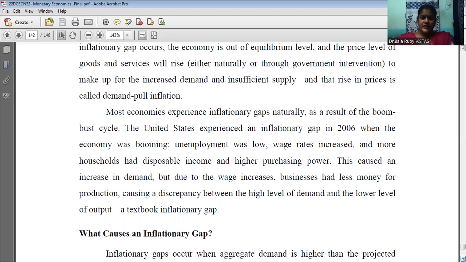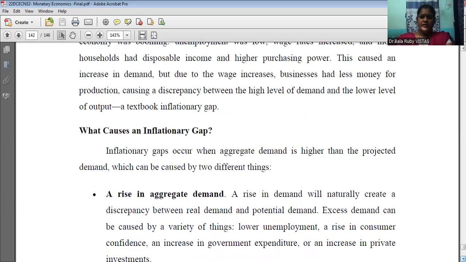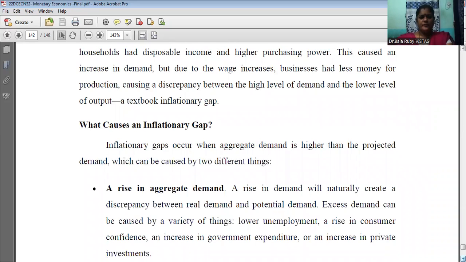This caused an increase in demand, but due to the wage increases, businesses had less money for production, causing a discrepancy between the high level of demand and the low level of output, a textbook inflationary gap.